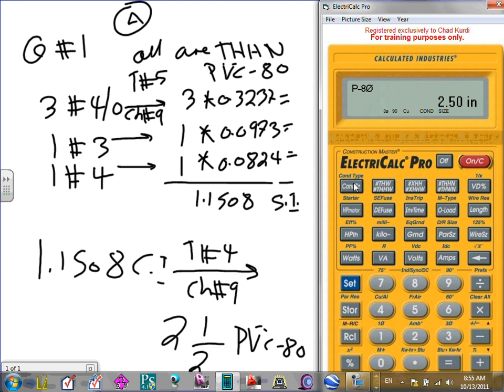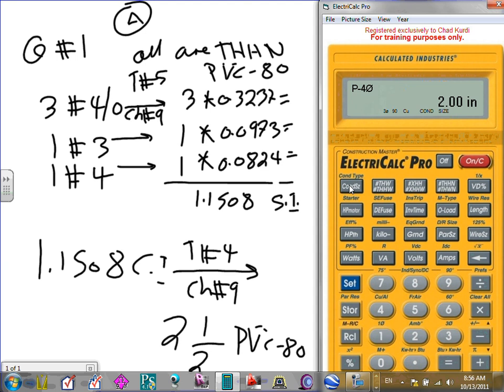Okay, as long as we're on it, I'm going to do question number 1B in the calculator. It's the same information, except the conduit is schedule 40. So I'm going to switch my conduit to schedule 40, which is 10. Set conduit, and did you guys get 2 inches for that one?